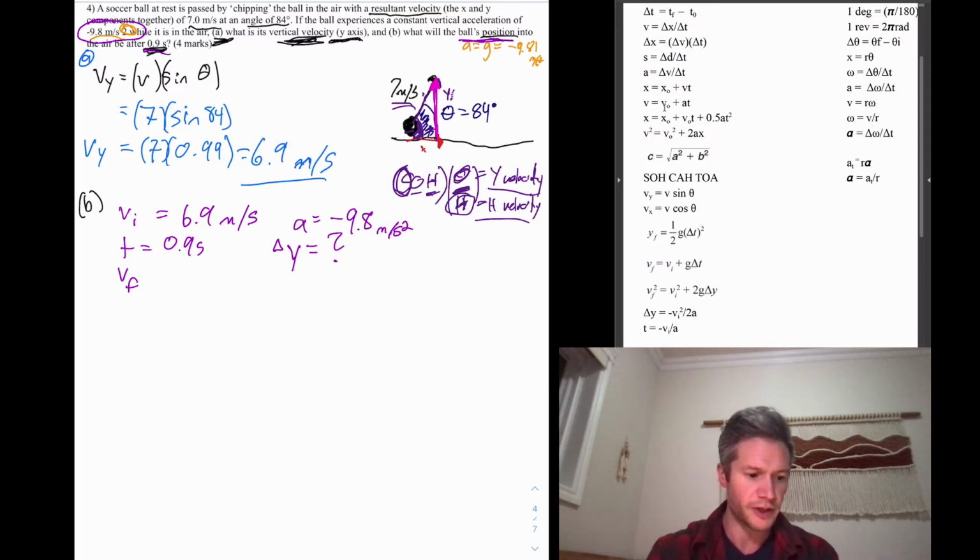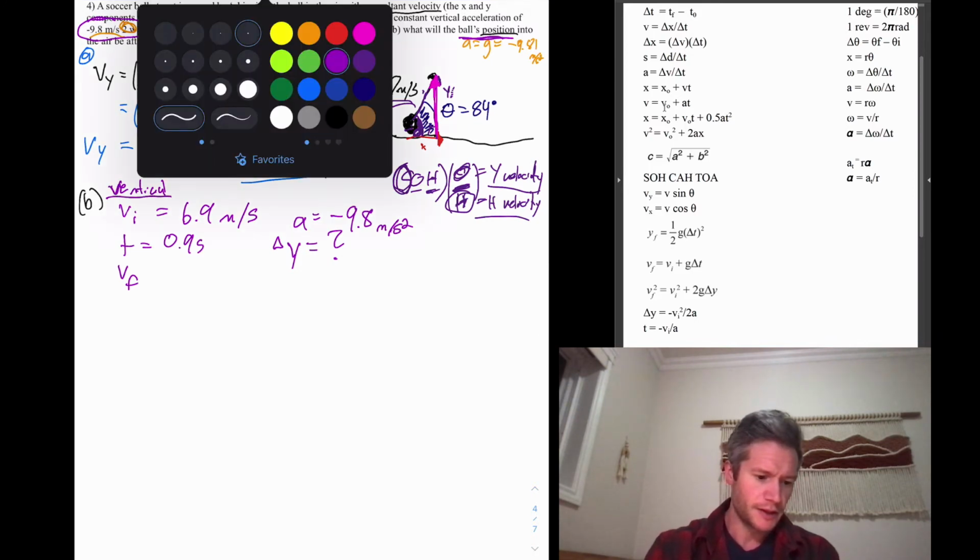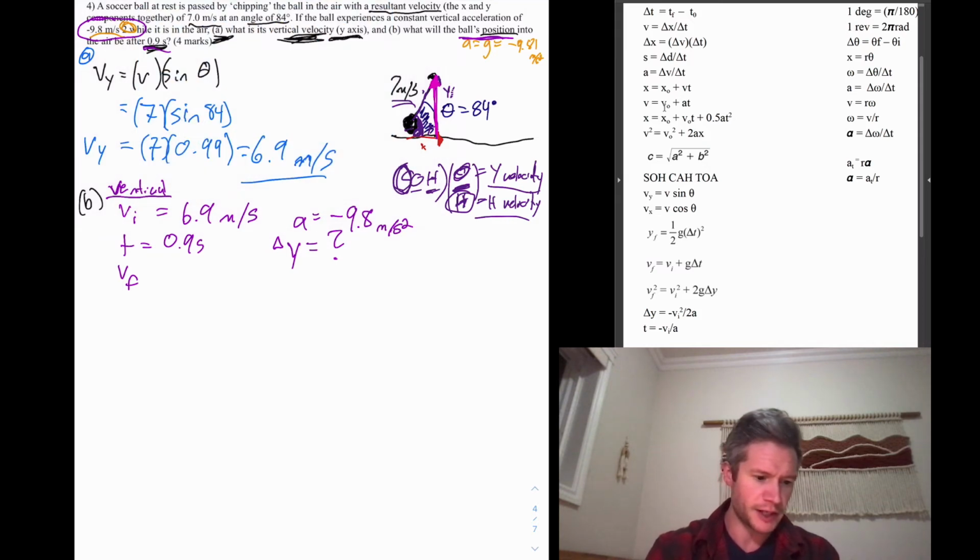So vertically speaking, maybe that will help us if we say vertical there. Okay, so now that we're organized here, we can look at our equations.